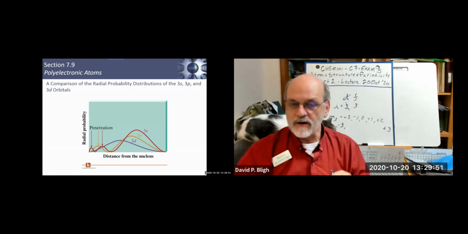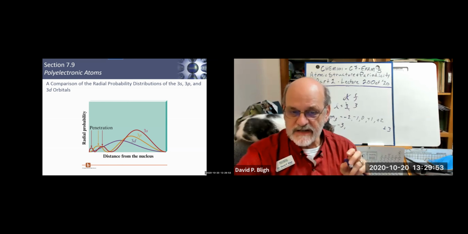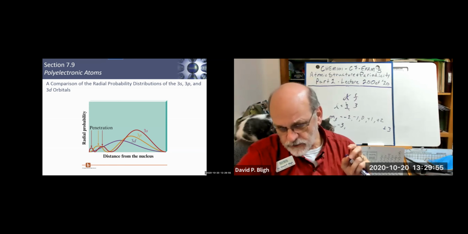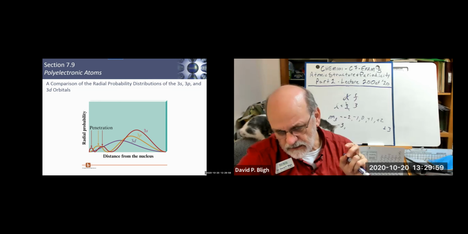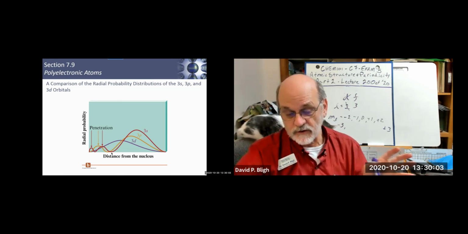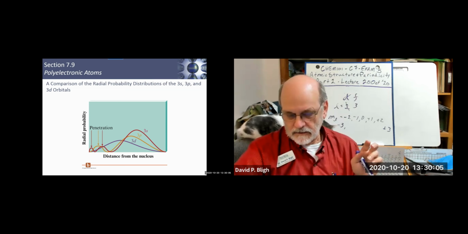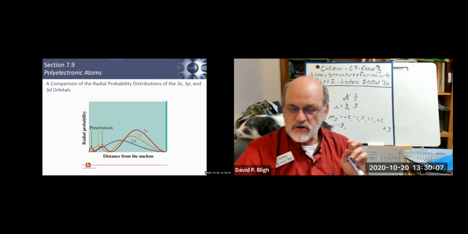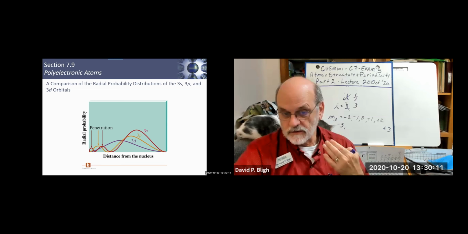Now, if we compare the 3s, 3p, and 3d, actually the 3p does tend to get a node here. That's a little hard to explain, so I'm not even going to try. But you get penetration in this case, not just from the s orbital, but also some penetration from the p.